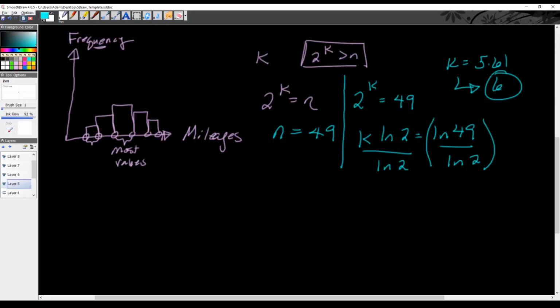What about the interval widths? So the next question has to do with interval widths. Again, with the frequency distribution, we're just taking a variable, mileages, and sorting it from smallest to largest. And then we're taking that range of values and creating bins.